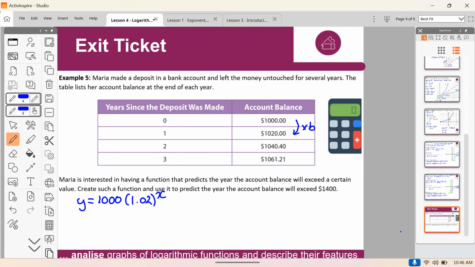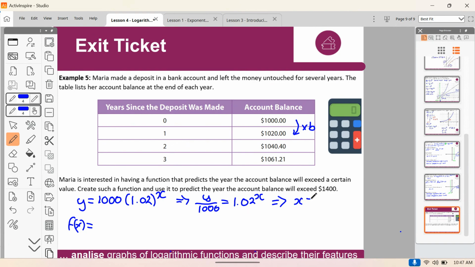We want an inverse function for that one. Let me just do a little bit more math. y over 1000 is equal to 1.02 to the x. So we want to convert to log form.